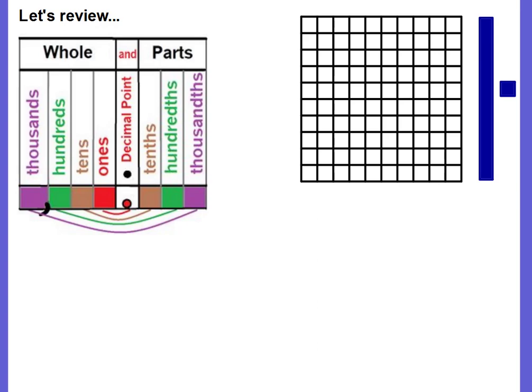Okay, before we begin with the multiplication of decimals, we need to have a quick review. First of all, let's talk about place values. If you'll recall, in elementary we mainly worked with whole numbers. And then once you started to get into 4th, 5th grade, you started talking about the parts, the values that were less than one whole.